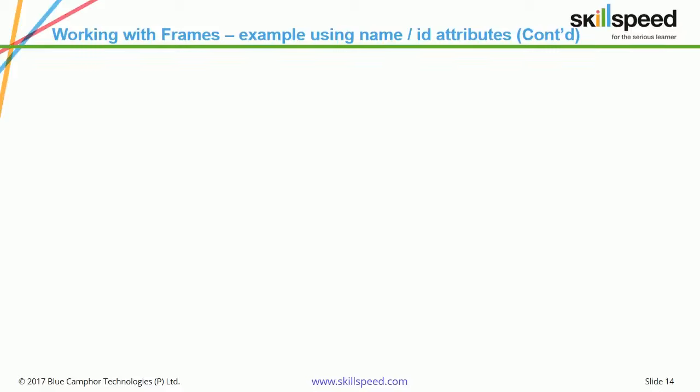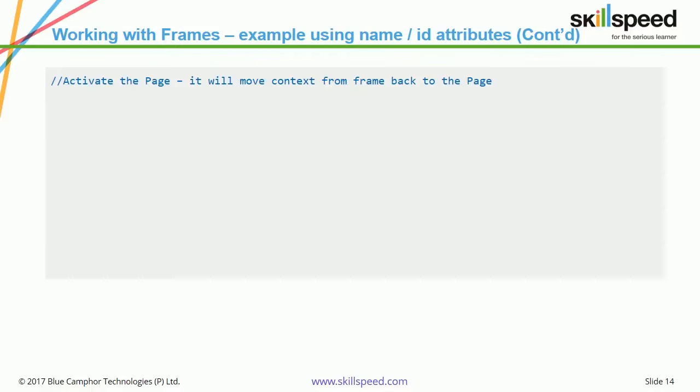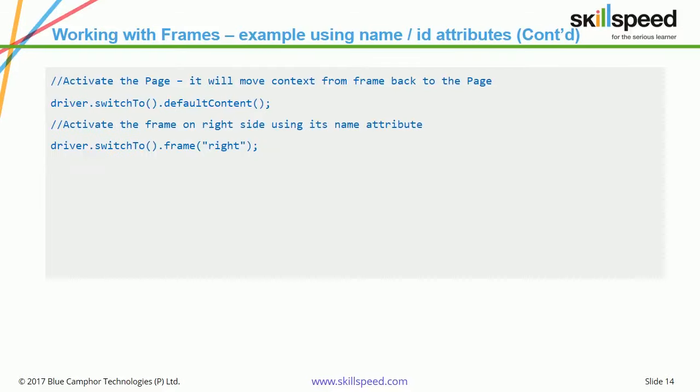Once we are done with the comparison of the left frame text with the text that we are expecting, we are moving back the control from the frame to the main page by activating it using the statement driver.switchTo.defaultContent. Now we are moving the control to the frame which is on the right hand side using the statement driver.switchTo.frame("right"). Here we are using the name attribute of the frame and we are switching the control to the right hand sided frame.